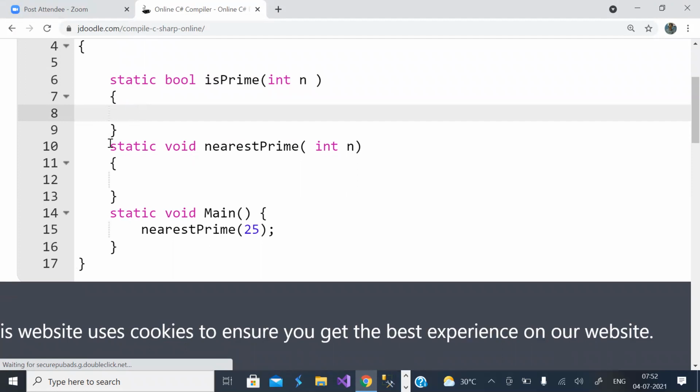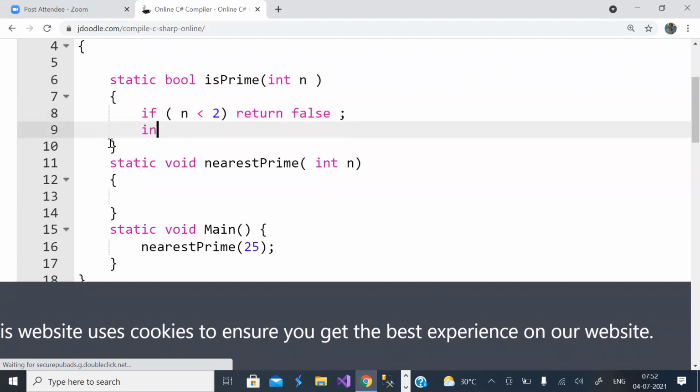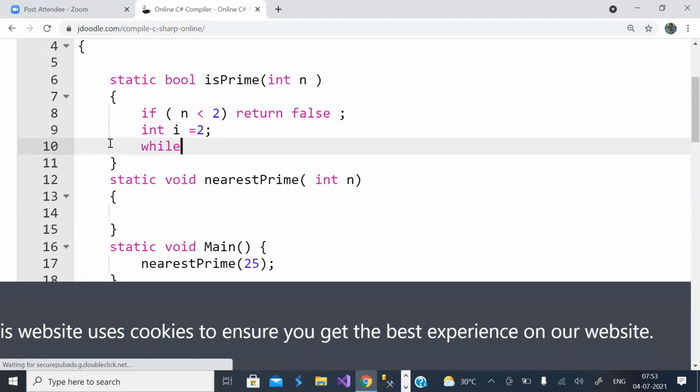Here is the logic of the first method. If n is less than 2, obviously it is not prime. Okay. Then you start with 2. How long do you keep checking? While i is less than or equal to half of n.